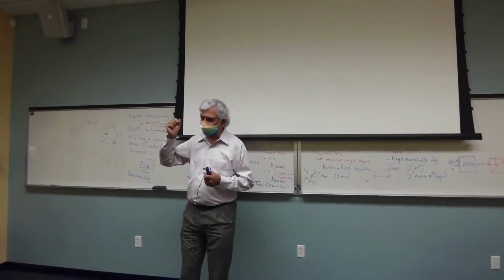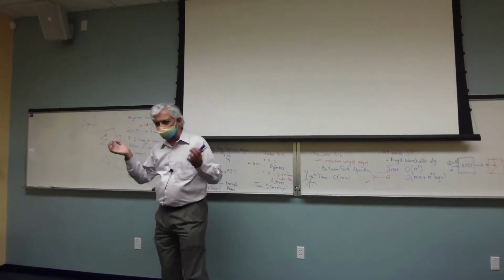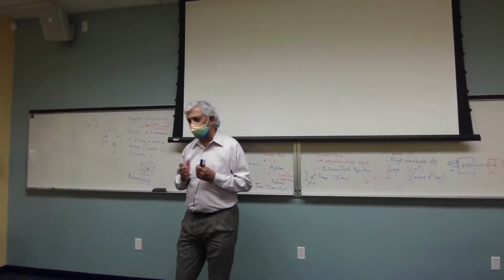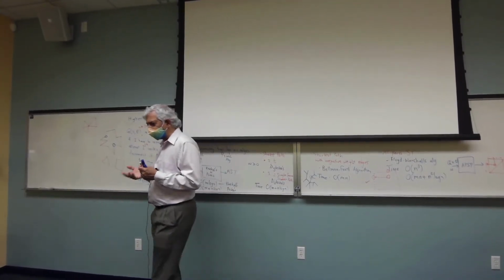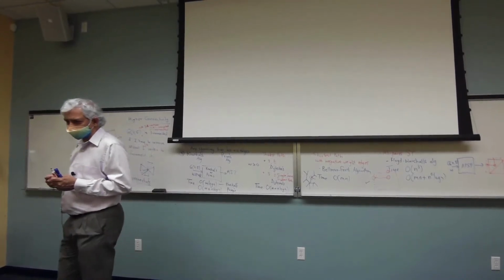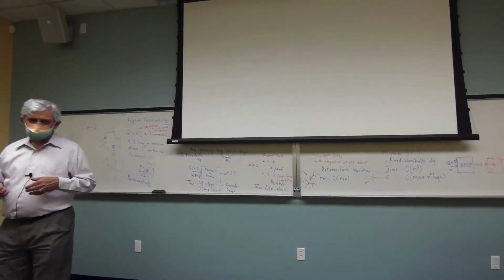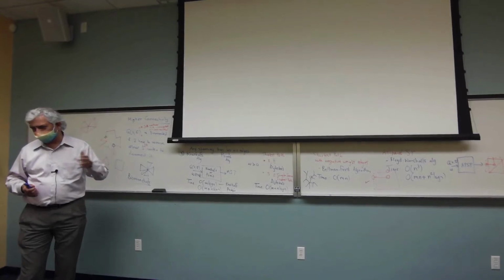If the back edges don't go above this point, then it's an articulation point. So there are multiple definitions, but all those come from the algorithms themselves and come from understanding this concept a little bit more.